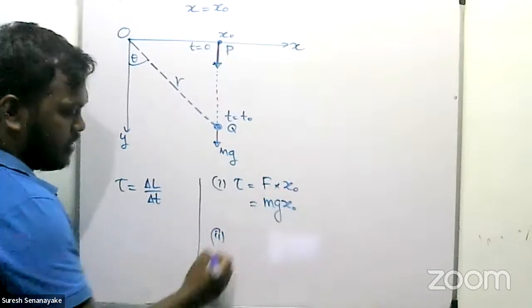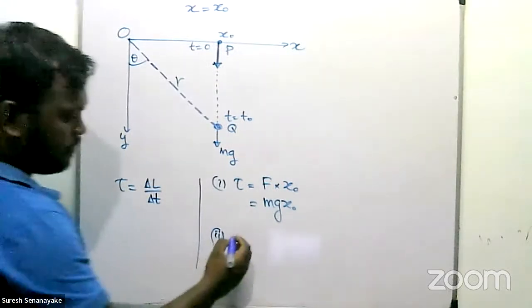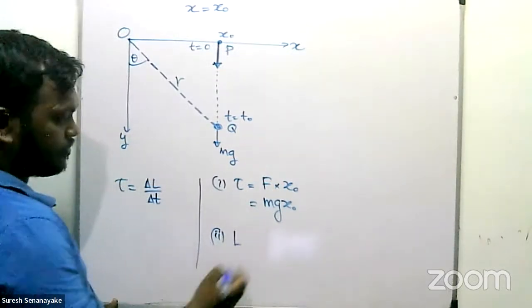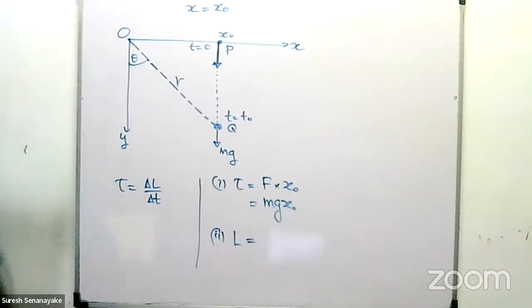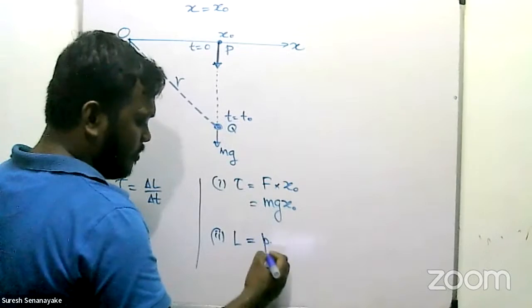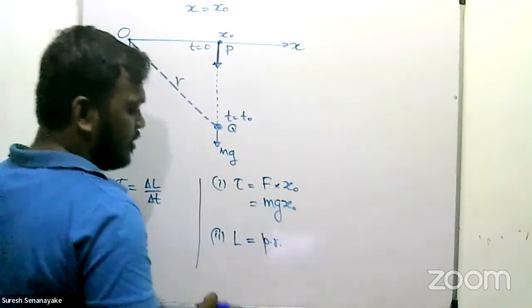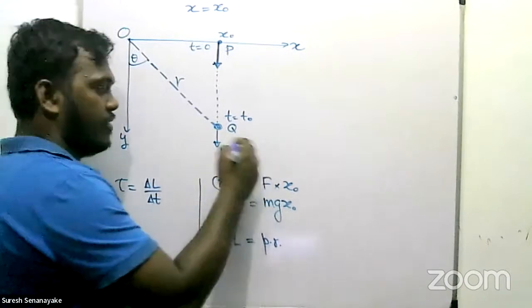The second, the angular momentum, L. Angular momentum is equal to I omega. Here you can write it as the moment of the linear momentum, p times r. That's the linear momentum in this direction, and that's the velocity at this point.